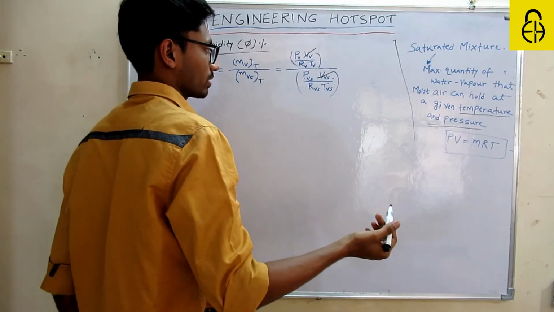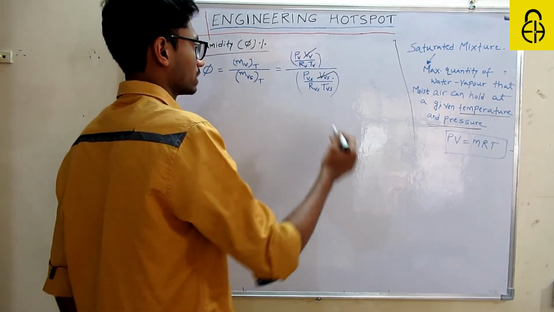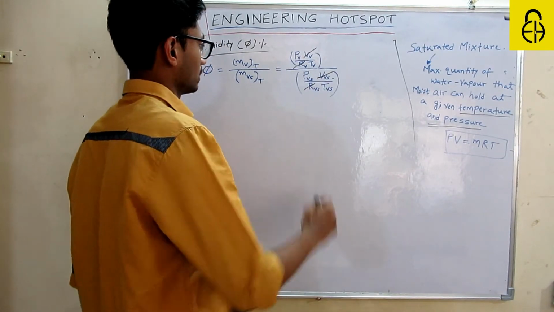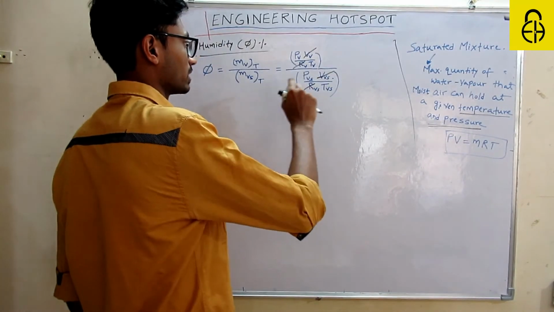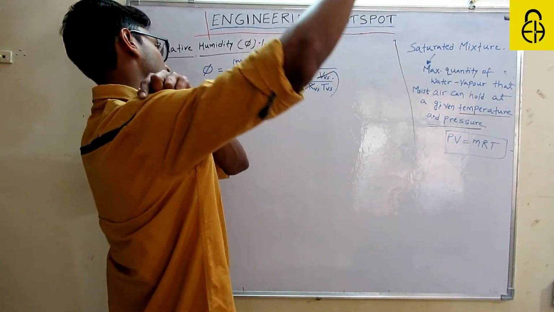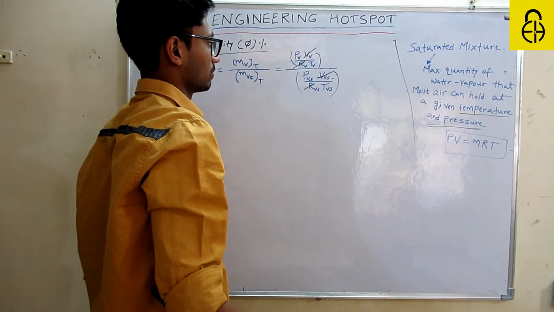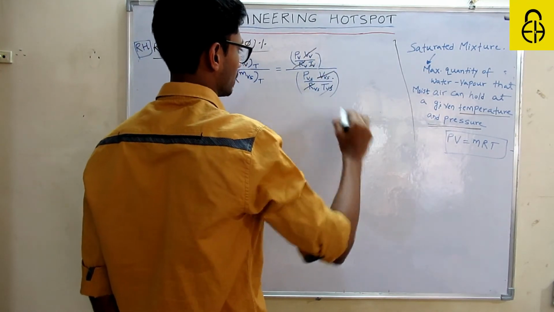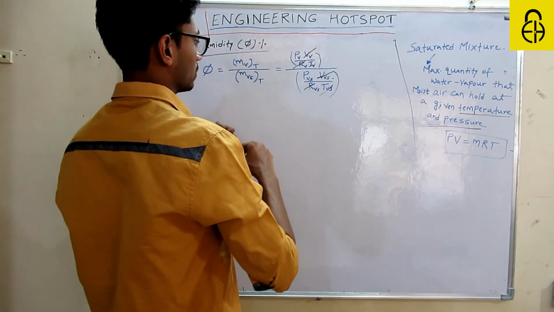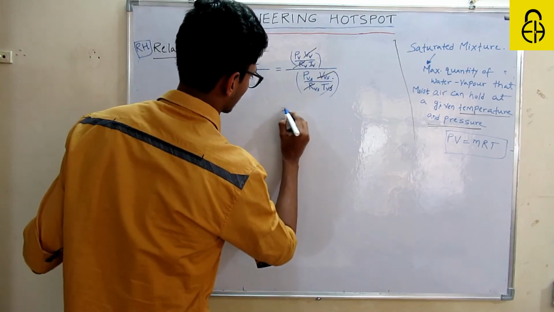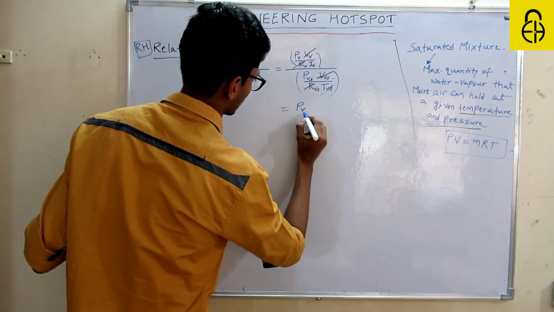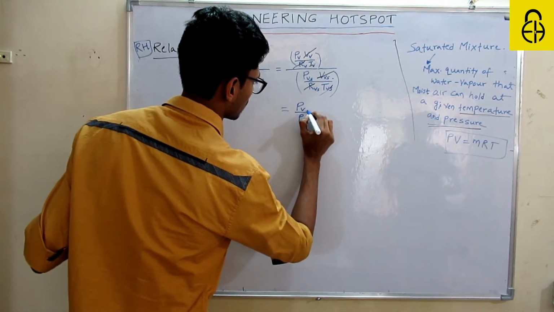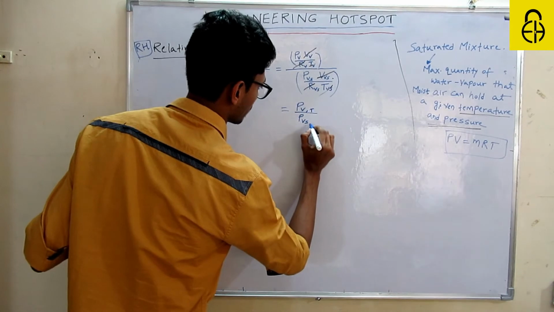Since it's a vapor and the composition is not changing, R will also remain the same. And since the saturated mixture is for the same temperature, T will get cancelled. So you will be left with PV upon PVS at the same temperature.